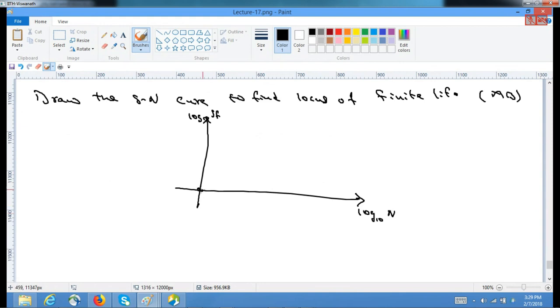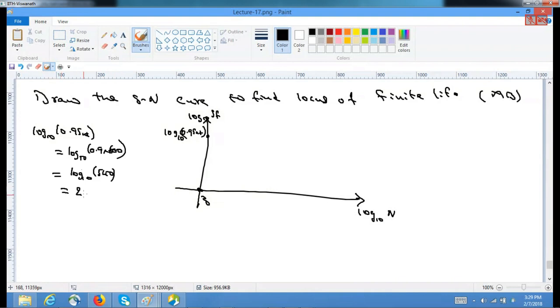For a value of 3, we need to locate log 10 of 0.9 SUT. If you calculate in our case, it is log 10 of 0.9 into 600, which is log 10 of 540, which is 2.7324.